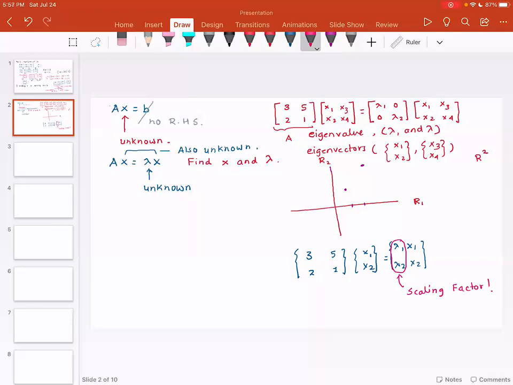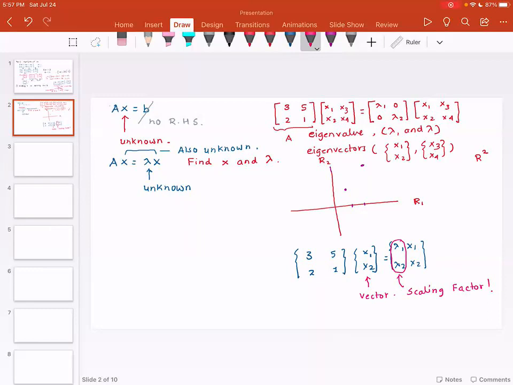A matrix, actually what it does when you multiply a matrix by a vector, it scales the vector. Essentially, it rotates the vector in the two-dimensional plane because there are 2 dimensions.